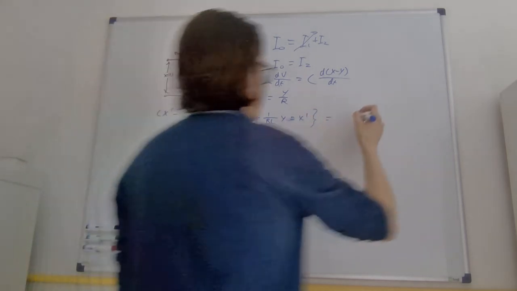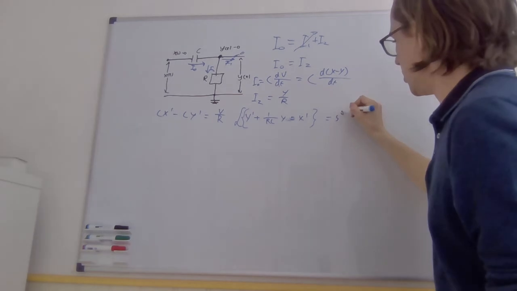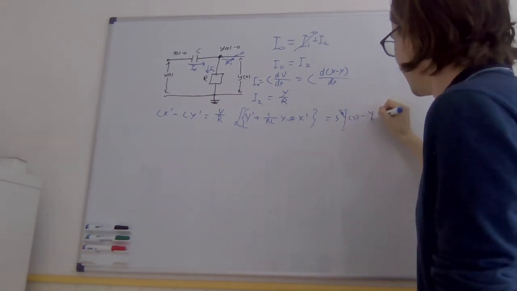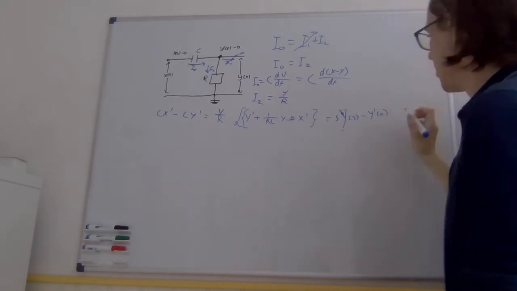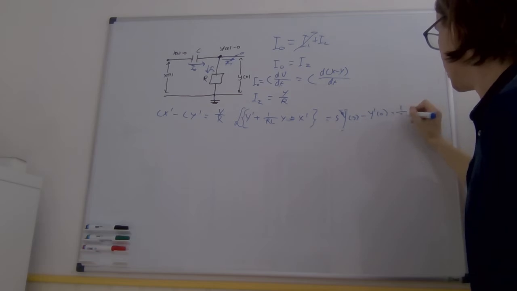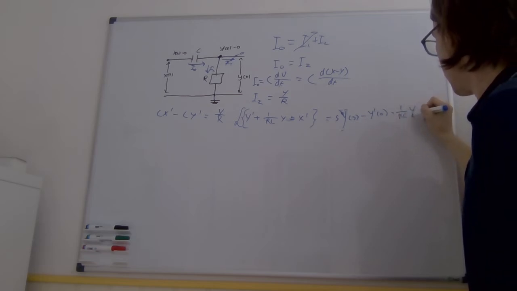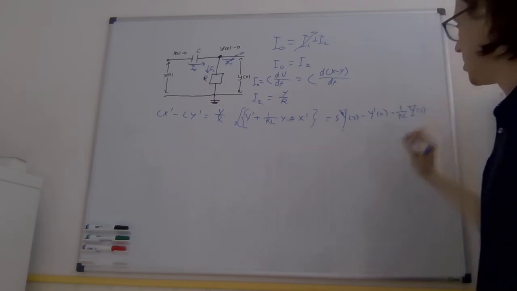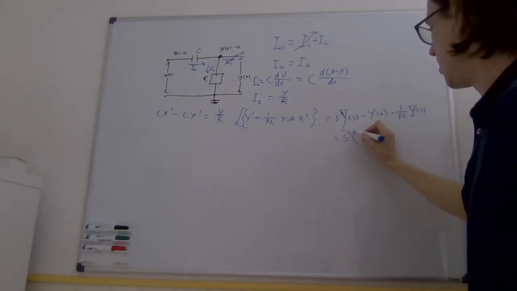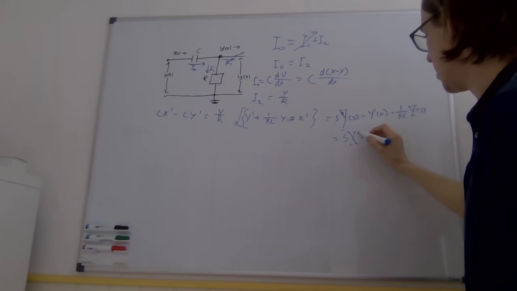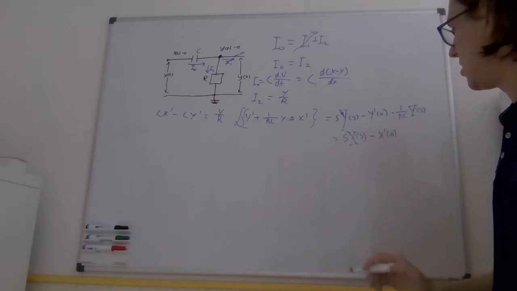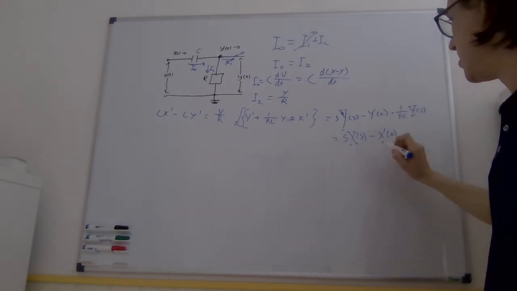Then we get that s times Y of s minus y of 0 plus 1 divided by RC times Y of s equals s times the Laplace transform X of s minus x of 0.